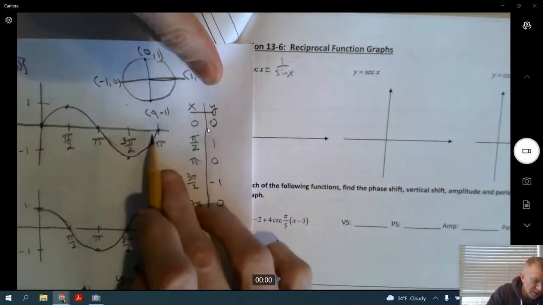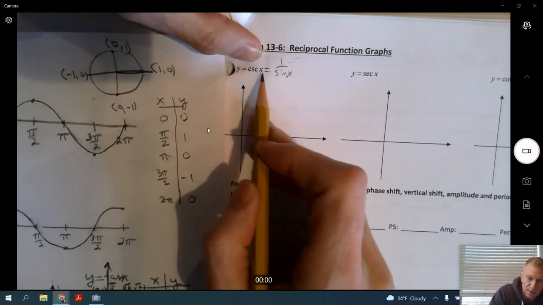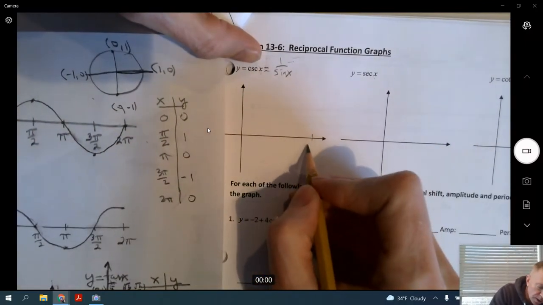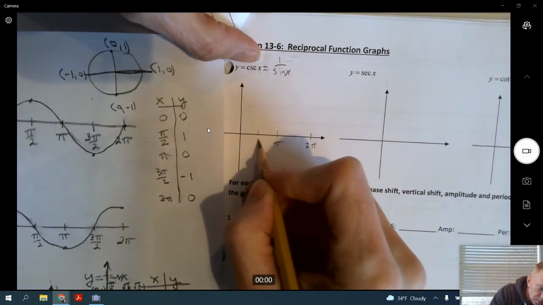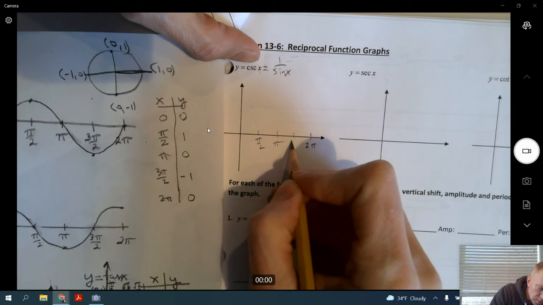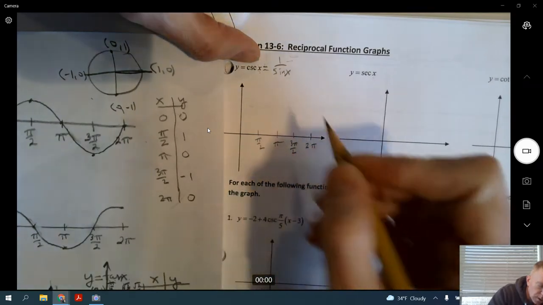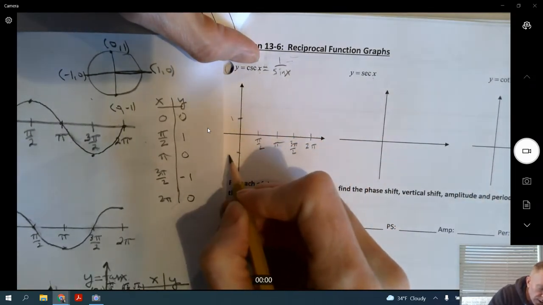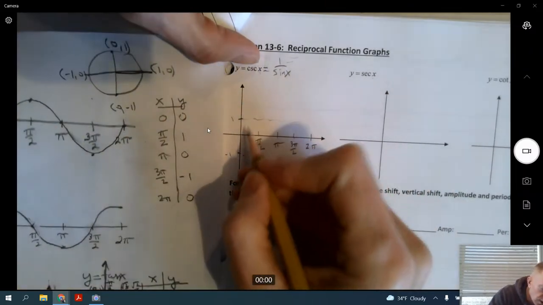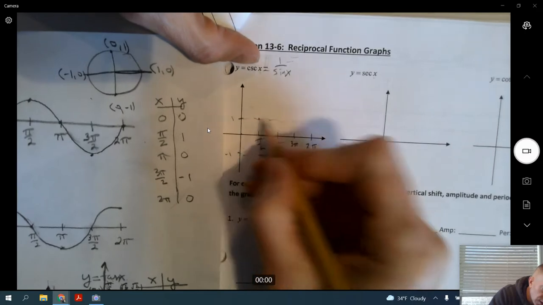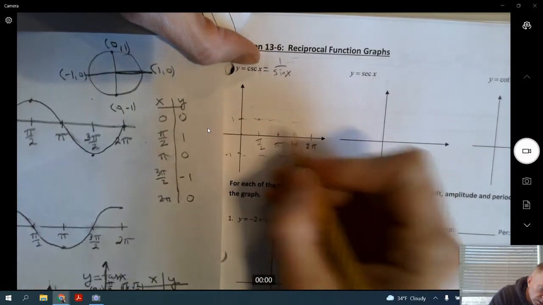This function just goes from 0 to 2 pi. I'm going to graph it, and it goes up to 1, down to -1. Remember, we've got these max and min values. Your sine goes through here, here, here, here, and here.